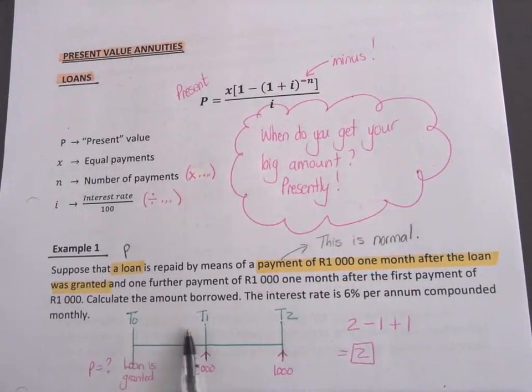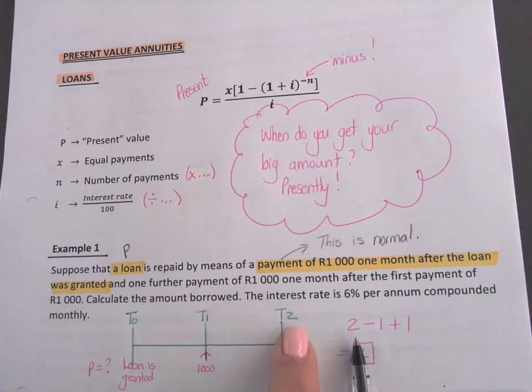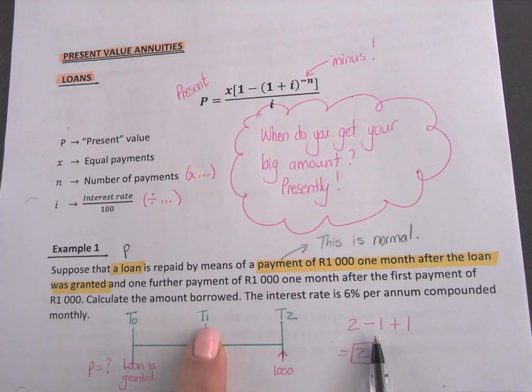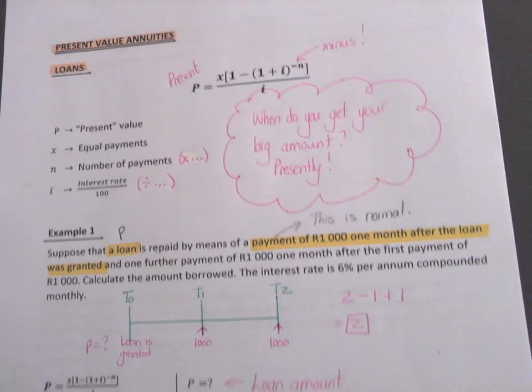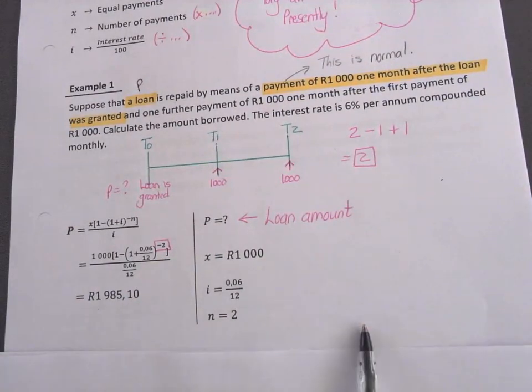Your first payment to repay the loan is at T1 and your last payment is at T2. Therefore, N will be T2, the 2, minus the first payment's number, 1, plus 1. That's 2. But because it's a loan, your N is negative. Any questions here?